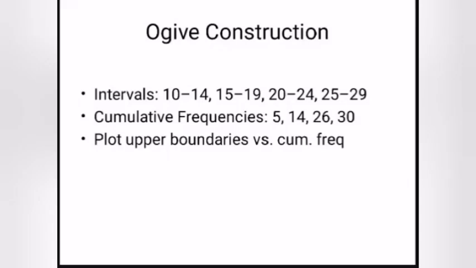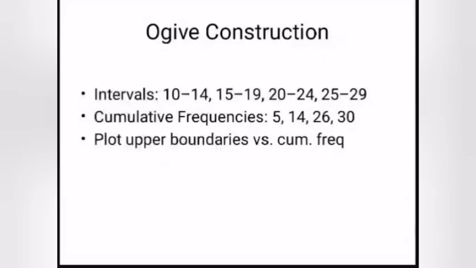To find the lower class boundary, you minus 0.5 from the first number, that's 10. So if you minus 0.5, you have 9.5. Then for the upper boundary you add 0.5 to 14, so you have 9.5 to 14.5.